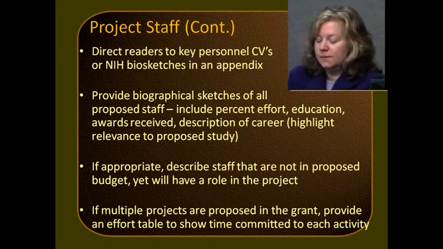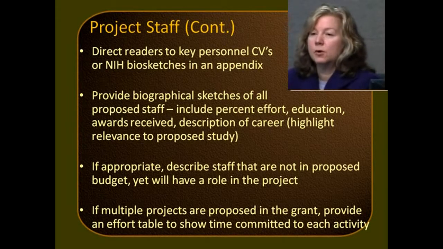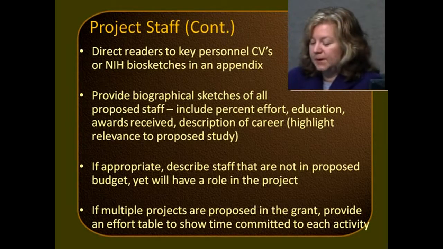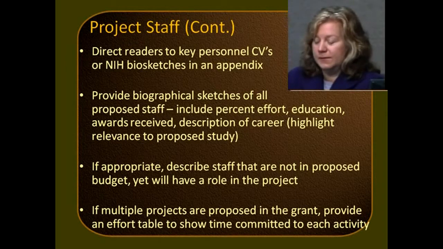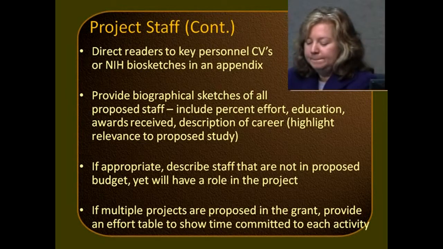In addition to the paragraphs on all of your proposed staff, you may also want to include a description of other individuals within your agency or institution that may have a role on the grant. These are people who may not be paid off of the grant, but would also have a role in helping ensure that the project is completed successfully.